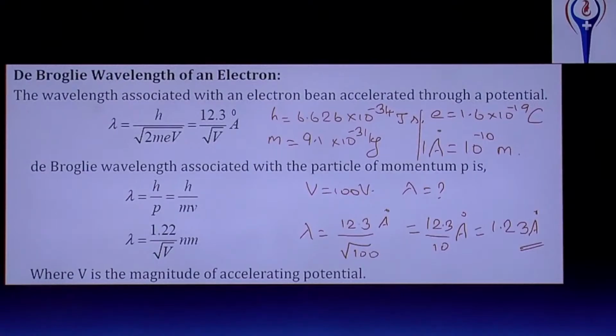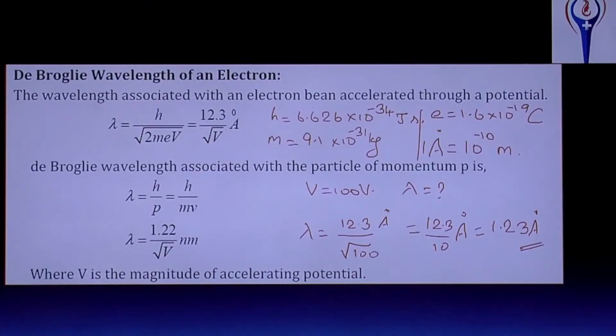Simple problem. Okay. The de Broglie wavelength associated with a particle of momentum p is lambda equal to h by p, that is h by mv, which we already know, and lambda equal to 1.22 by root V nanometer. In terms of nanometer it means 1.22, or 1.23 Angstrom, where Angstrom means 10 power minus 10. What is a nanometer?